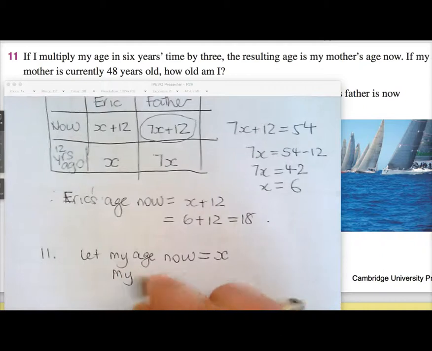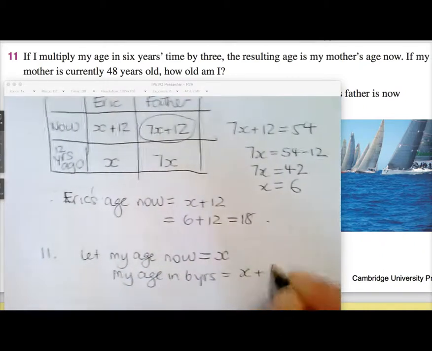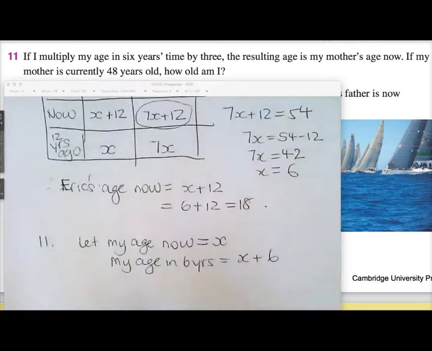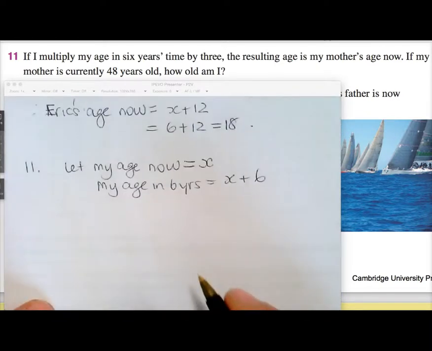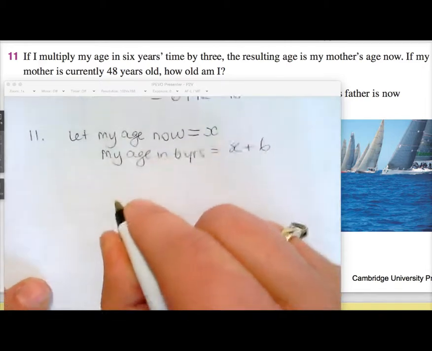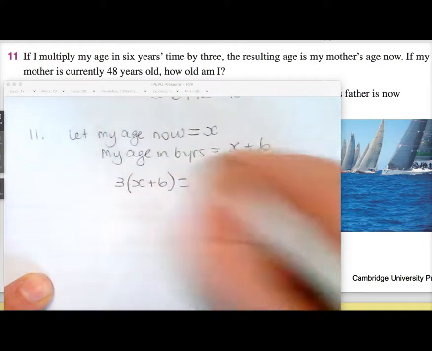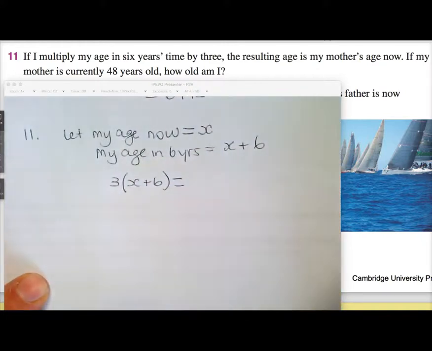What's your age in 6 years' time? And now you set up your equation. If you multiply that age in 6 years' time by 3, 3 times bracket x plus 6 equals my mother's age now, and my mother is now 48.